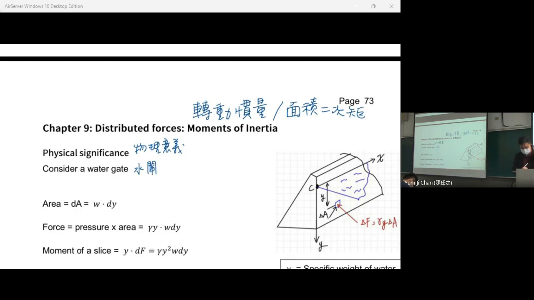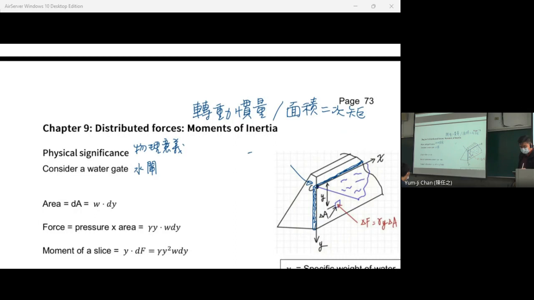So we have a water gate here. Can you see this? The water gate is here, and we have a, in Chinese we call 支点.